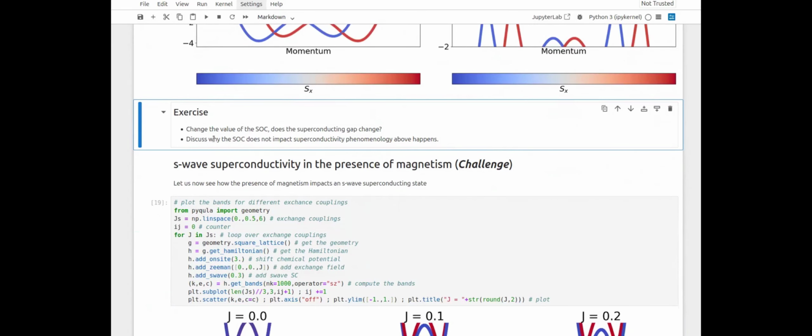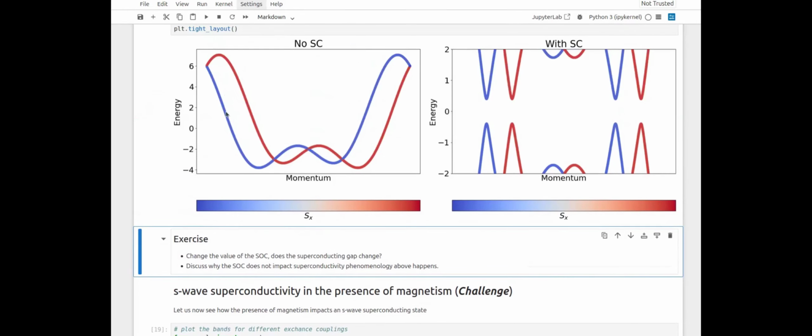Okay, and then the last question is why the spin-orbit coupling does not impact superconductivity as magnetism was impacting it. And the reason is because spin-orbit coupling creates splittings, but they are opposite at different momenta. And so in practice, superconductivity is going to couple this red band with this blue band over there.